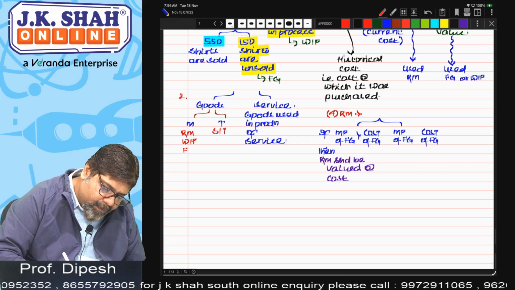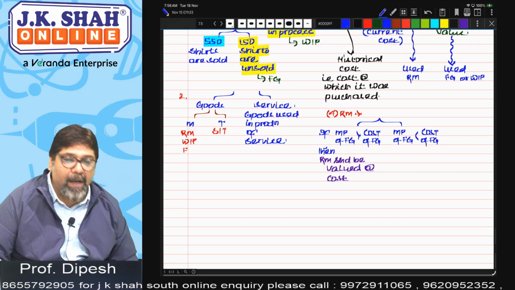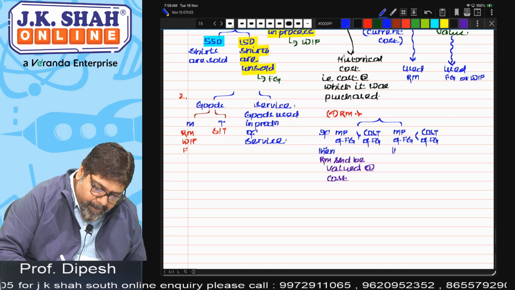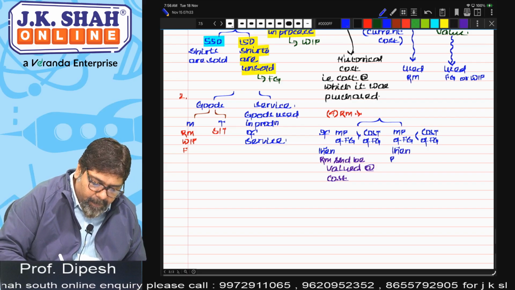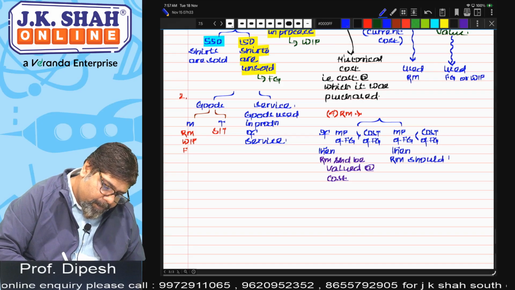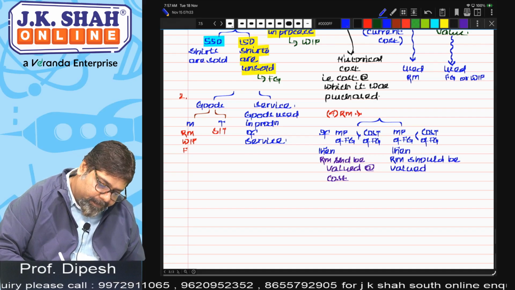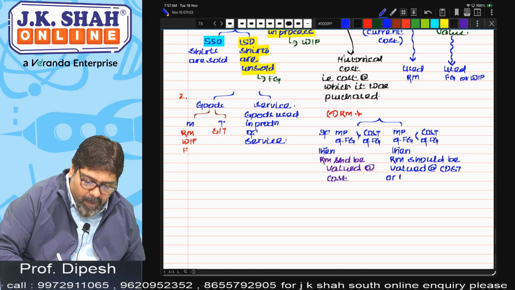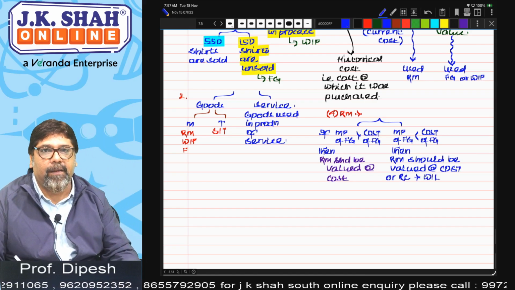But if market price of finished goods is less than cost of finished goods, then raw material should be valued at cost or replacement cost, whichever is lower.